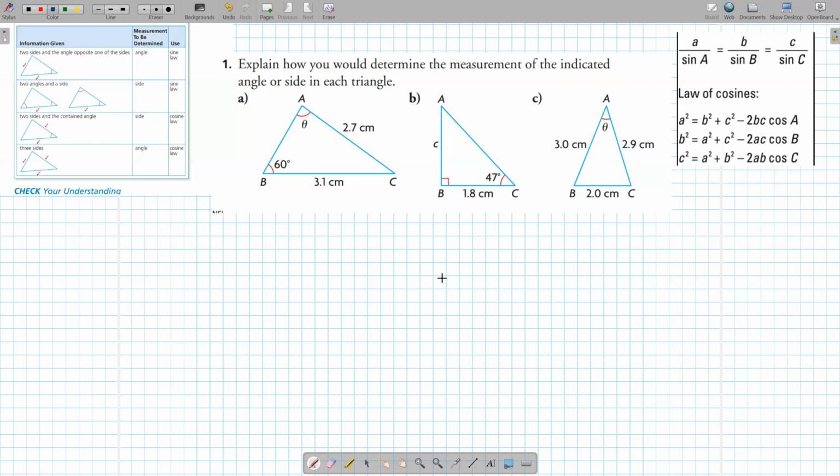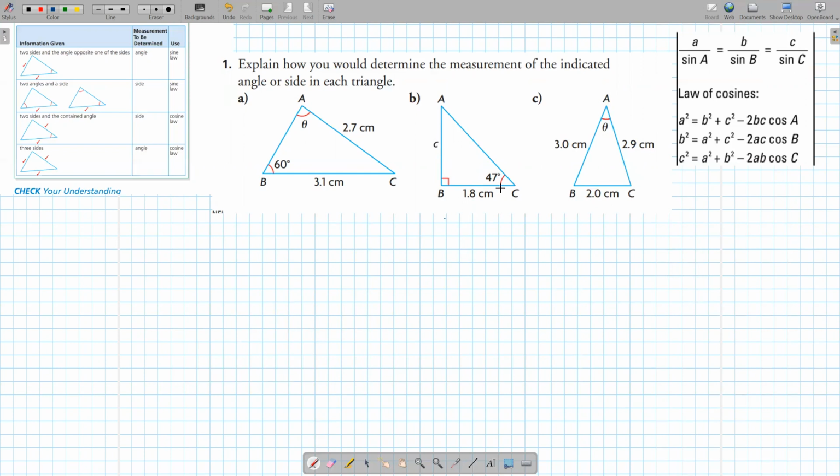Sine law? No, not sine law. There's a right angle here, you see? That angle B is 90 degrees. So when there's a right angle, you want to use SOHCAHTOA. Sine law and cosine law are strictly for when it's a non-right angle triangle. So if there's a right angle triangle, you can straight up use SOHCAHTOA.